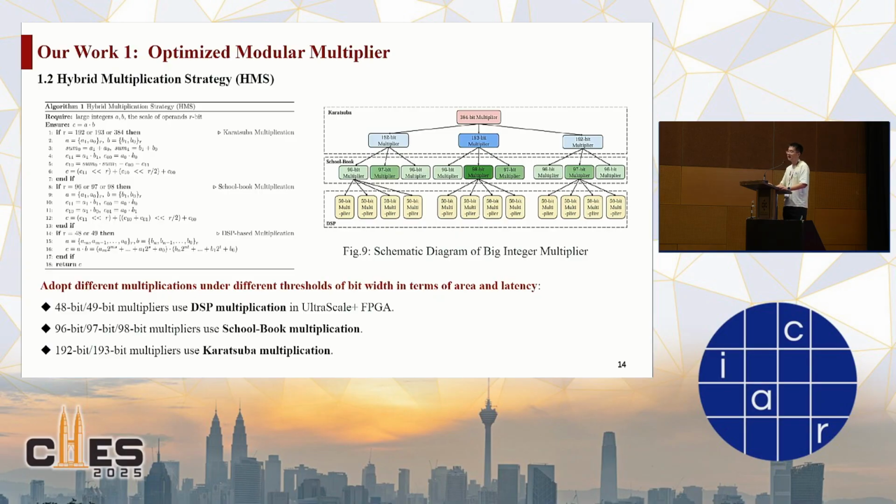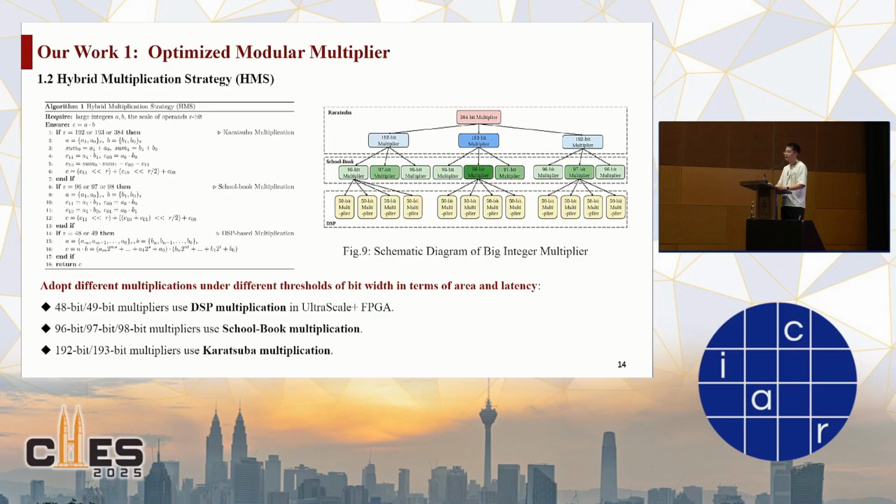We can find that when the scale is 48 to 58 bits, we use the DSP-based multiplication, taking advantage of built-in multipliers in the FPGA. When the scale increases to 96 to 98, we use the schoolbook multiplication to save some time.